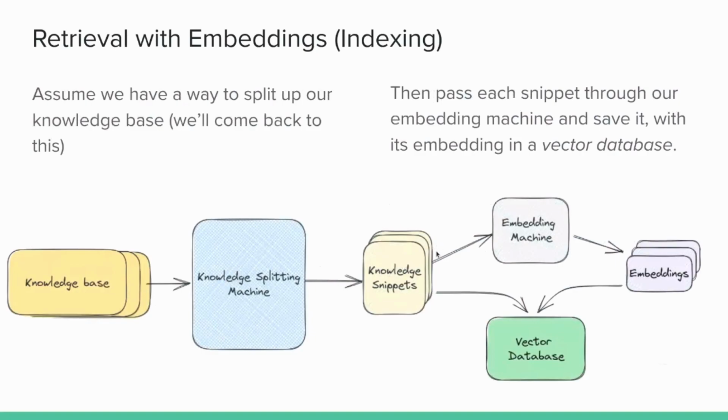Once we have those snippets, we can pass them through the embedding machine, the thing that translates human language into the AI numbers. We get those AI numbers and we save them into something called a vector database. A vector database is basically just a database, but it is optimized for storing, lookups, queries, and math operations on these lists of numbers.